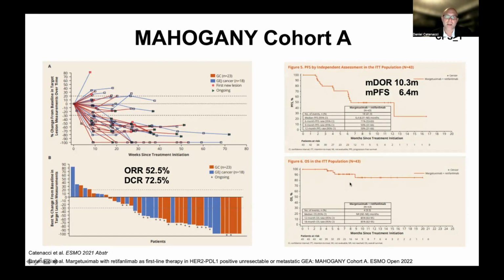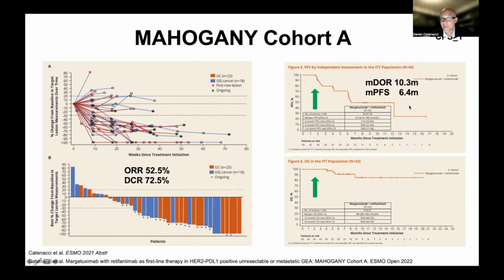And as we're going to talk about in the next video, when we get to anti-PD-1 therapy and HER2 negative tumors, when PD-1 therapy is given without chemo, we usually see a steep decline at the very beginning in a lot of patients in both progression-free survival and overall survival. Whereas here in this chemo-free regimen, but it's selected by HER2 positivity and PD-L1 positivity, double biomarker positive with two targeted therapies, we did not see that drop, which is very reassuring.